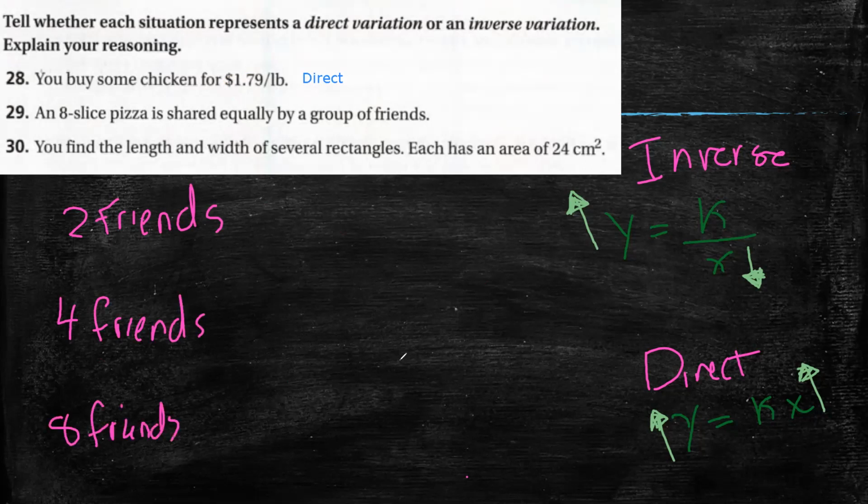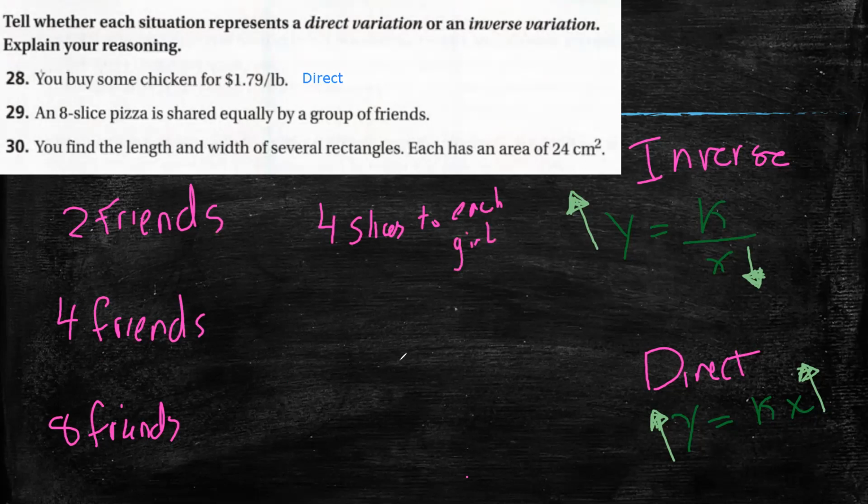Now, if we only have Huda and Farah, and I have a pizza with 8 slices, how many slices will Huda take? 4. So 4 slices to each girl.